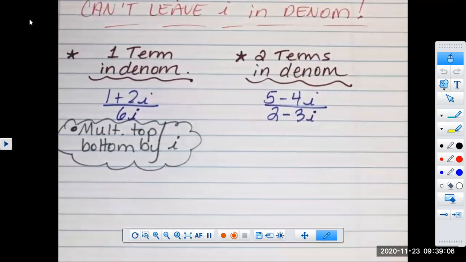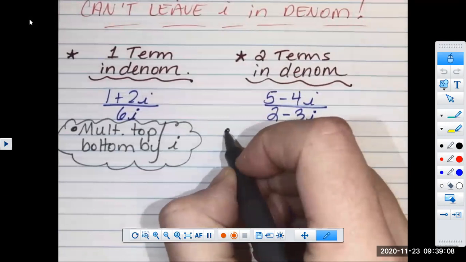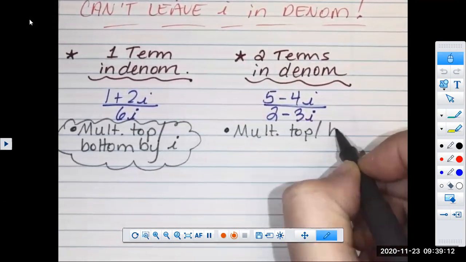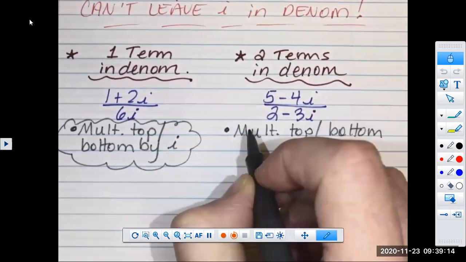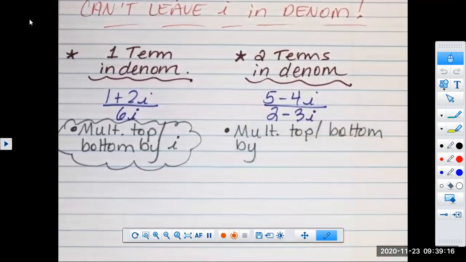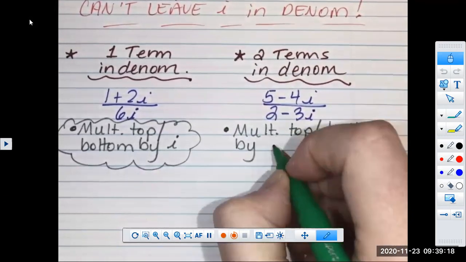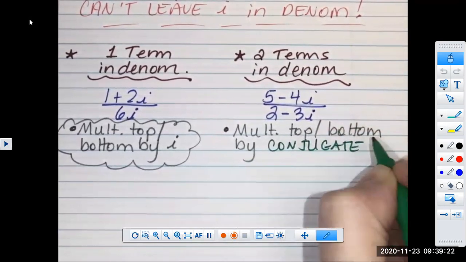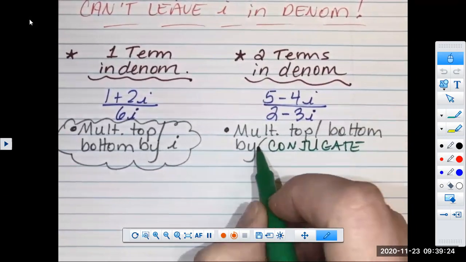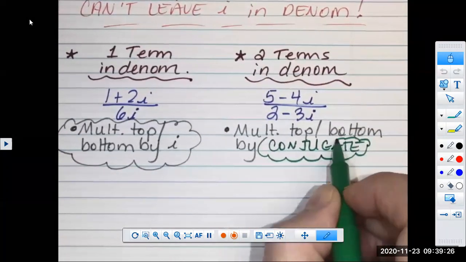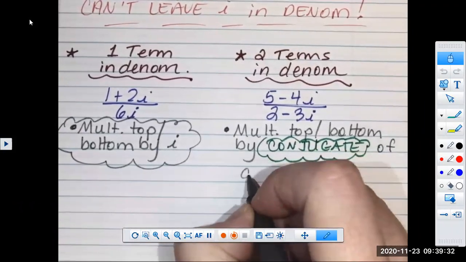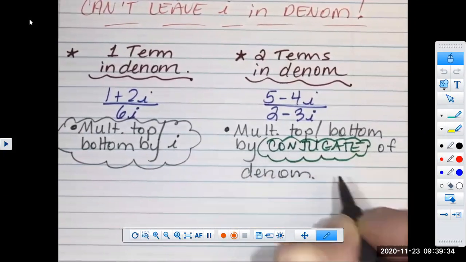In this case, you're going to multiply the top and bottom by what's called the conjugate, I'm sure you've heard this word before in math, of the denominator.